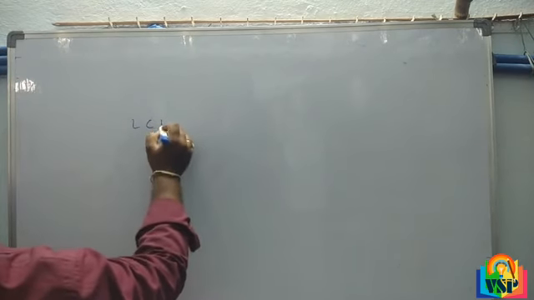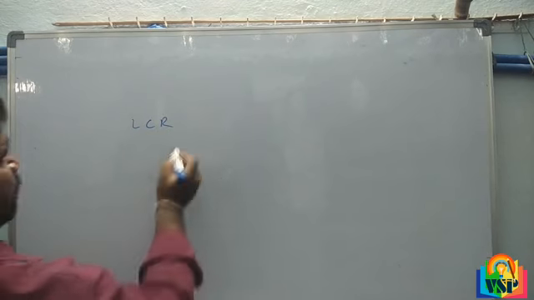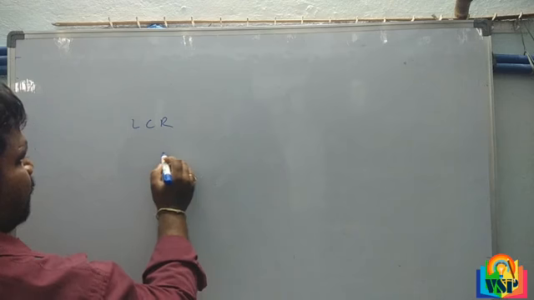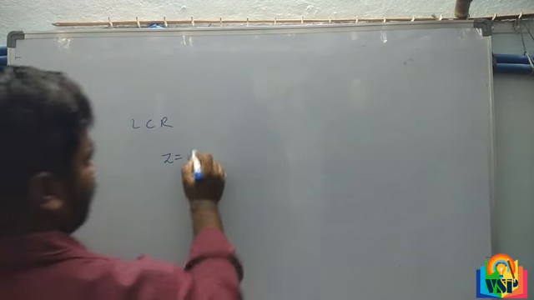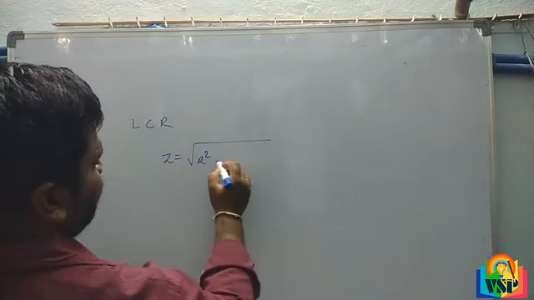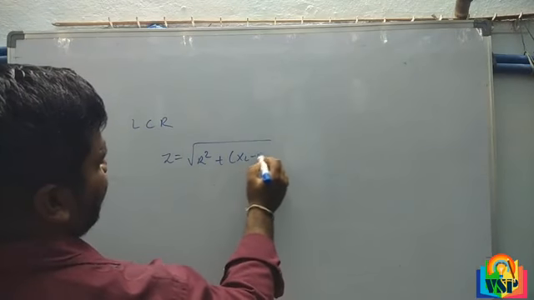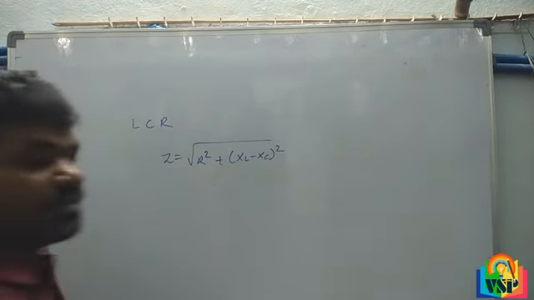Today we have to learn the LCR series circuit impedance and phasor diagram. Impedance is denoted Z, the resistance in an LCR circuit. The formula is Z equals the square root of R square plus (XL minus XC) whole square.